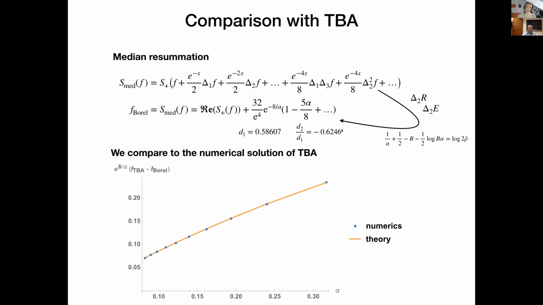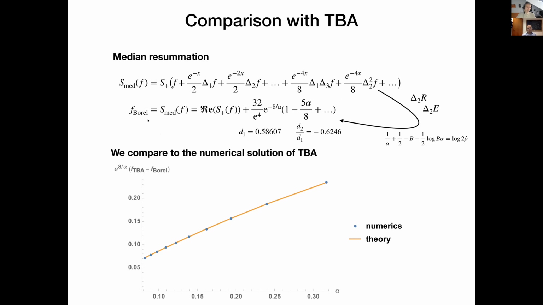And that we could translate. So in this median resummation, using these more precisely measured D2R and D2E, we could calculate these quantities in terms of these exact values. And then once we calculated, first it matched the previous fitting in the precision we expected, so these numbers were correct.